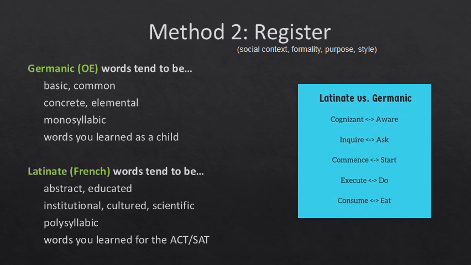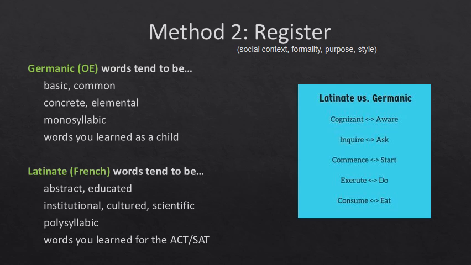Think what you can do stylistically by characterizing someone's language as Germanic. Well, it portrays them as maybe less educated, less cultured, less old, versus Latinate, someone who is educated, erudite, pompous.